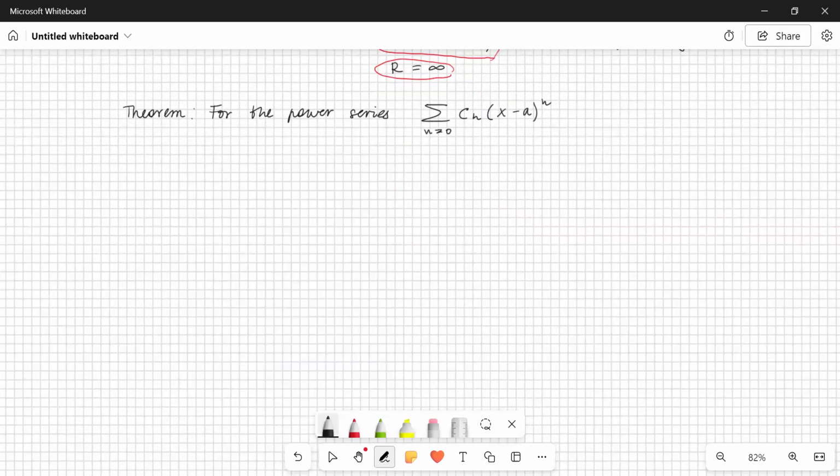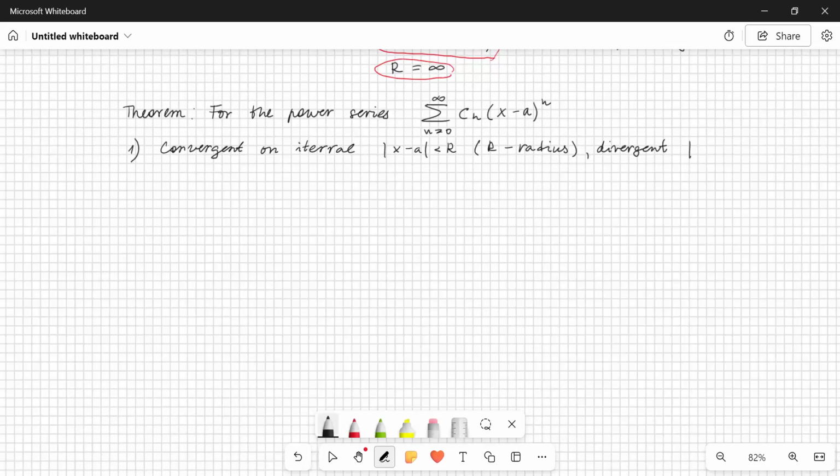Yeah, guys, I used x0. You can label this point, the center, any way you like. In the book, they label it as a, and I generally like to label it as x0. First, it can be convergent on an interval, and R is going to be called the radius, and divergent outside of the interval.